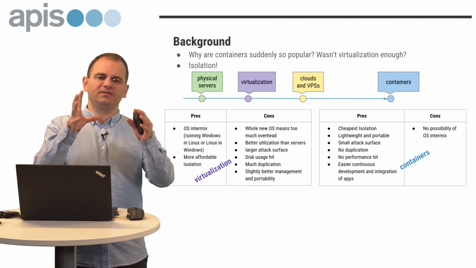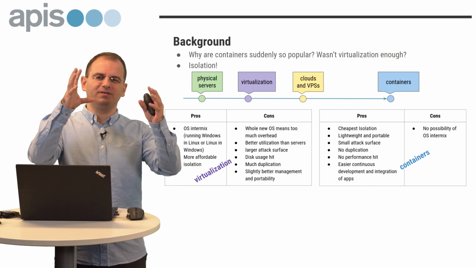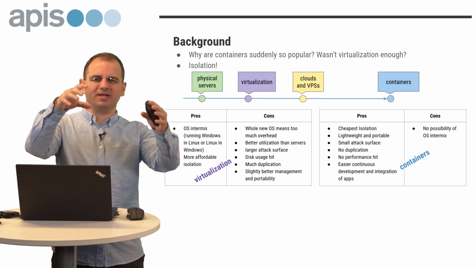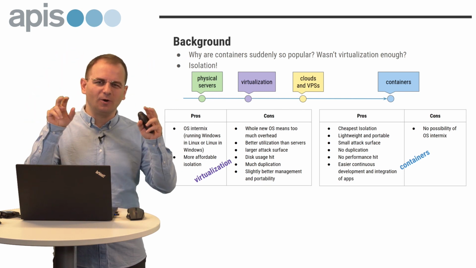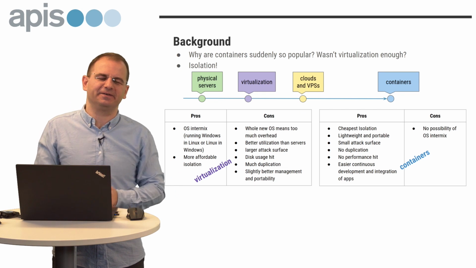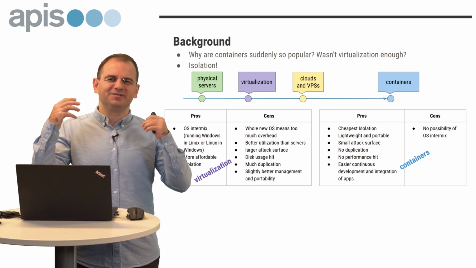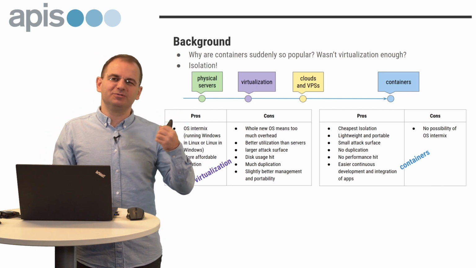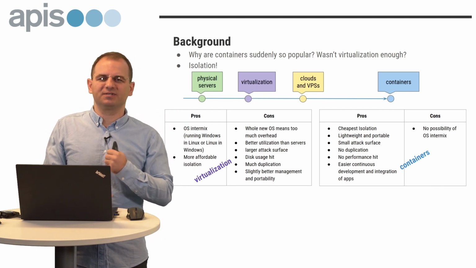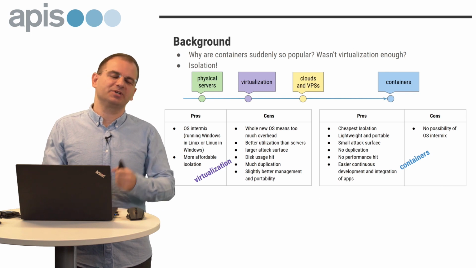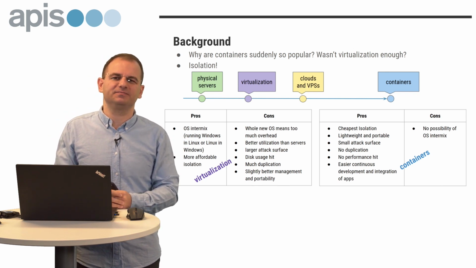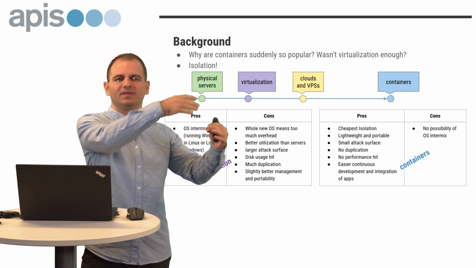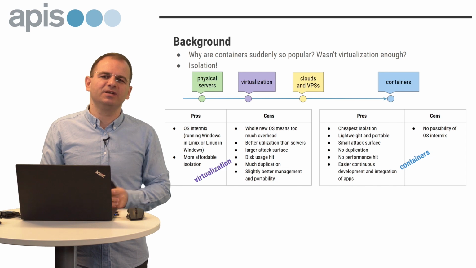So you have a container. It has its own operating system. It has your required libraries. It has your application. But that operating system is not really there. It's just mimicking one. It's actually using the operating system from the physical server, or the hypervisor from the physical server. So you no longer have an overhead of having an operating system in each one of your containers.